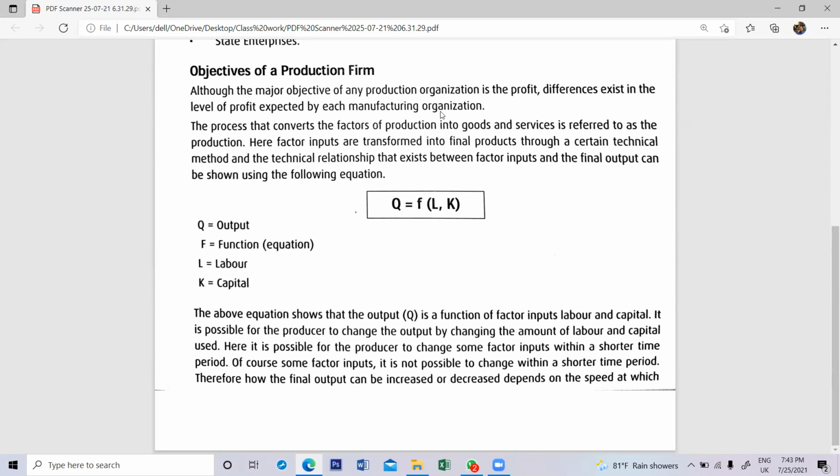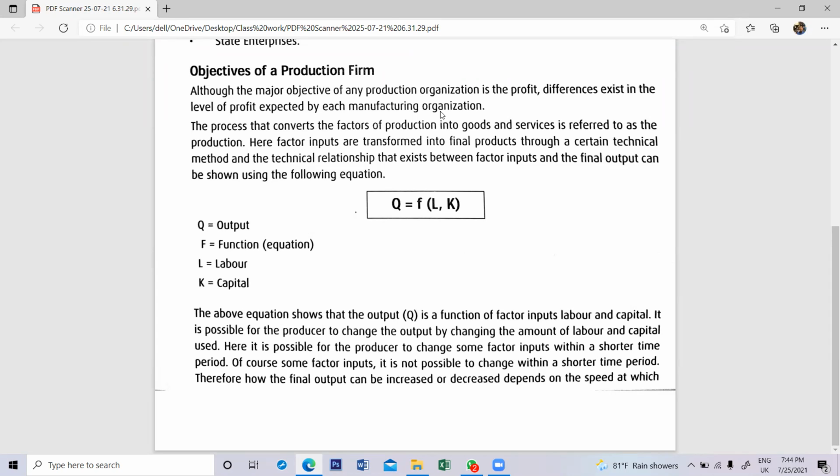Here, objective means particular targets. Actually, the target of the production firm is to make goods and services. Their target is to make goods and services. So then, a number of resources are organized as I told you before.